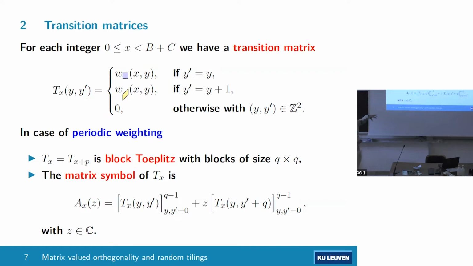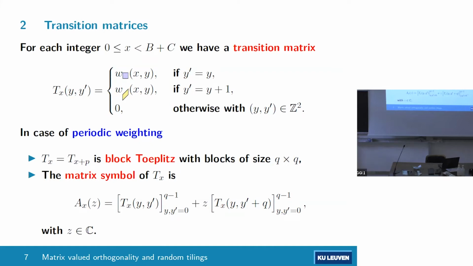So if you follow what happens along, there are two non-zero diagonals, and because of the periodicity, actually we only need the periodicity in the vertical direction, where the period length is q. Things start to repeat after q steps, so that means that it's a block Toeplitz matrix here, infinite in both directions, with blocks of size q times q.